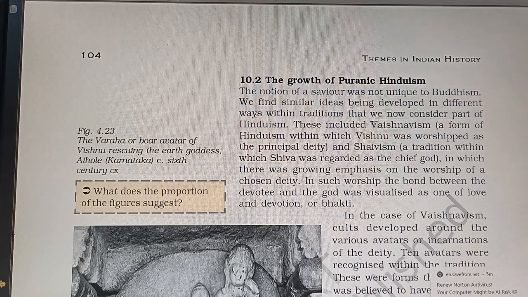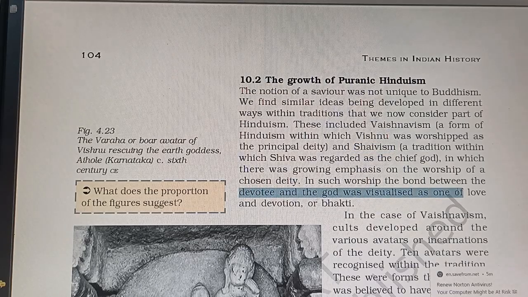They started worshipping Vishnu, and they were known as Vaishnavism. Another important god was Shiva, and the followers were known as Saivism. They worshipped their chosen deity, and the bond between the devotee and the god was visualized as one of love and devotion, or bhakti.